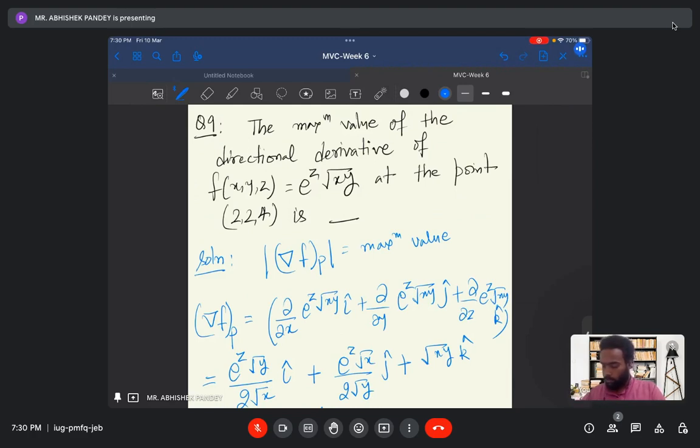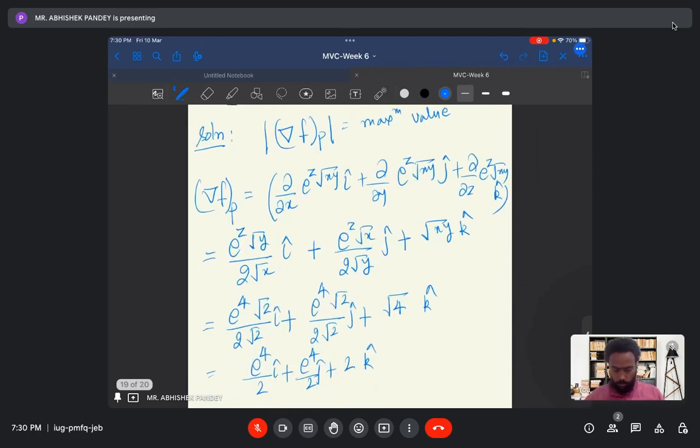Question number 9 is z root over xy. So this is del of p z. So into this will be root over x into root over y plus e to the power z. Oh sorry, this would be e to the power z also. And this will be e to the power 4, 2 e to the power 4.